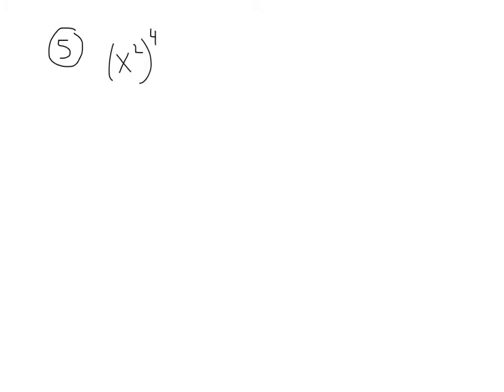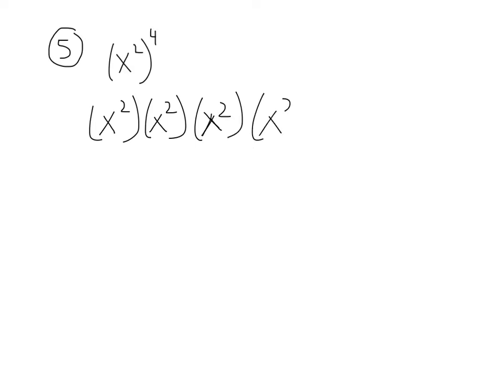Now, x squared to the 4th power. What does this mean? This 4 outside means I need 4 factors of what's inside, x squared. So this would be x squared times x squared times x squared times another x squared. 4 factors of x squared.